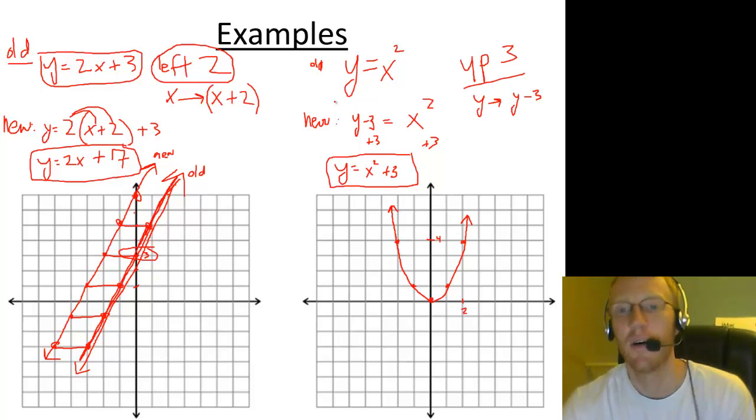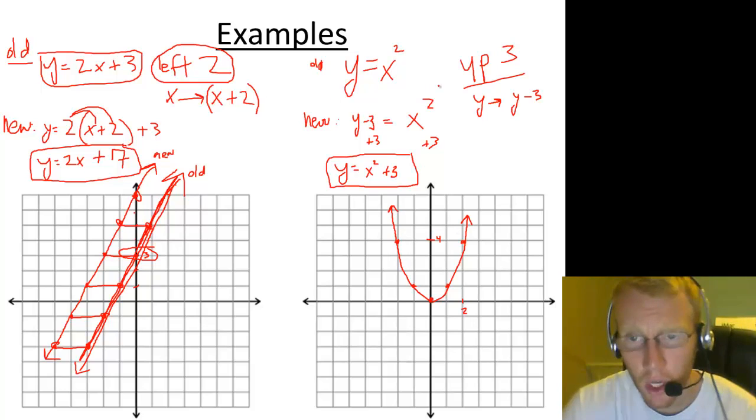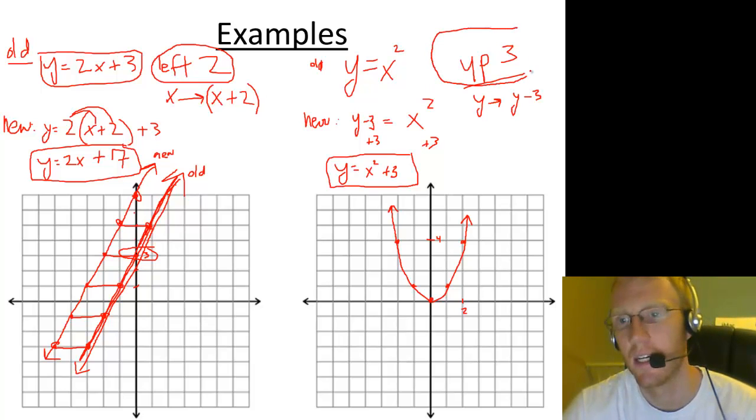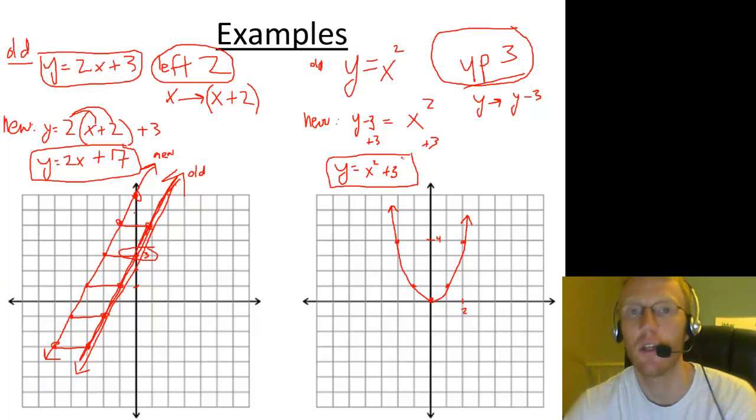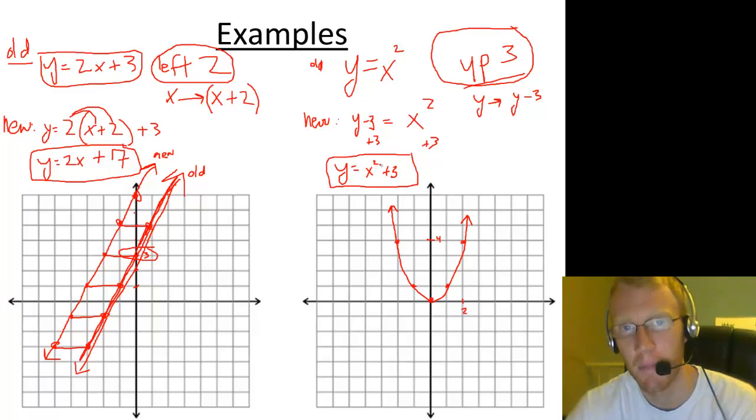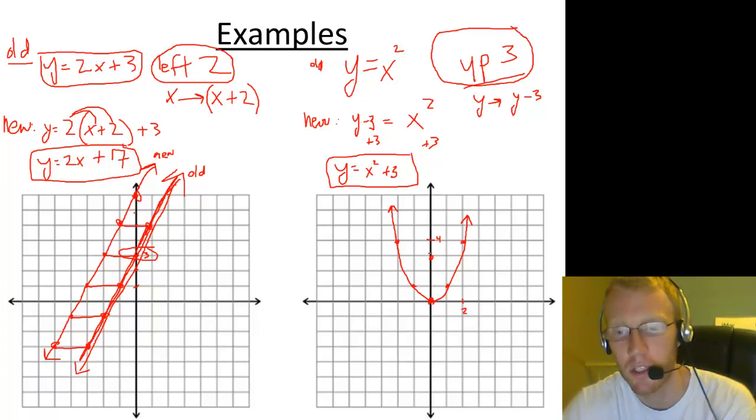Okay, so now to draw the new parabola, all I have to do is look at what I did. So I don't have to really worry about how complicated my equation might look, although in this case it's pretty simple, but it could look really complicated depending on what you've done. But the way to graph it is to just look at the transformation you made. We moved up 3. So instead of starting at 0, 0, I'm going to move up 3, and I'm going to start right here at 3.